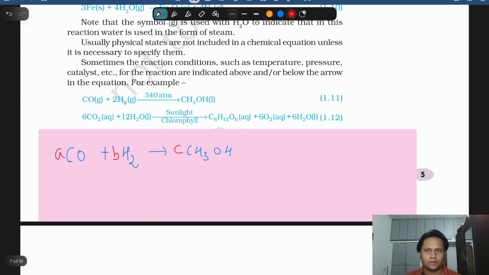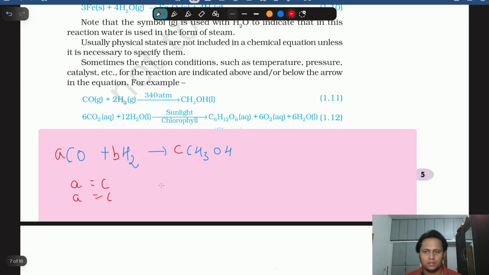Okay, so the first step is we'll write A, B, C. I'll do it a little fast. How many carbon is there? A, 1, right? So 1A. How many C here? C. Now, how many oxygen is here? Only 1, so A. How many oxygen here? Only 1, so C. So both equations are the same.